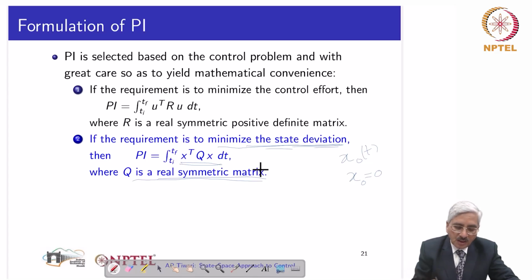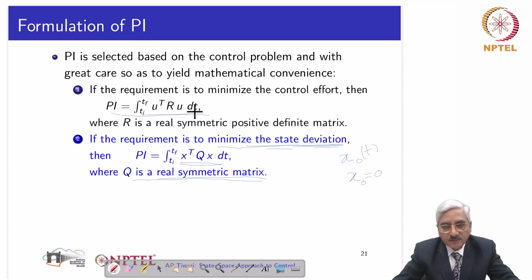But it must be positive semi-definite at least. Why? Because if only the input is to be minimized, then the minimum value of input will of course be 0, and so the state cannot be regulated or controlled. So we have the specification on the state variable given by this performance integral.